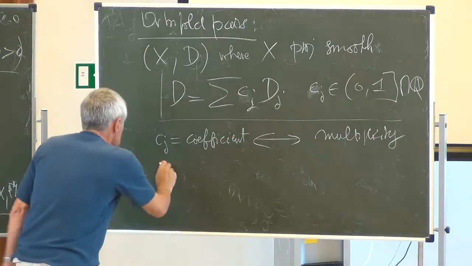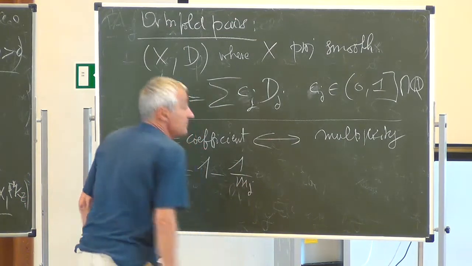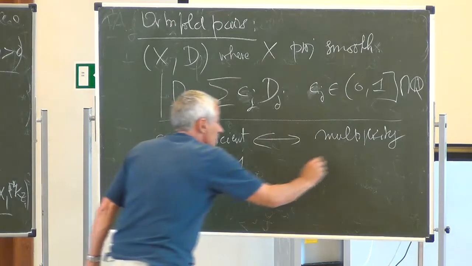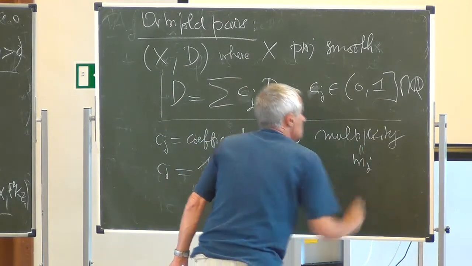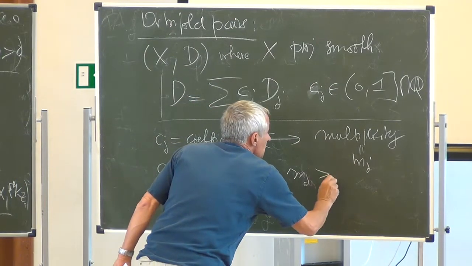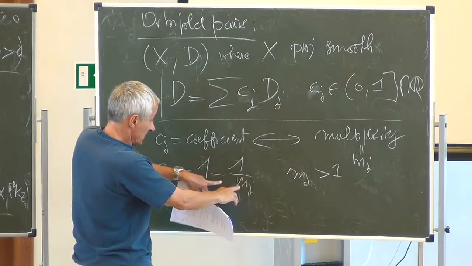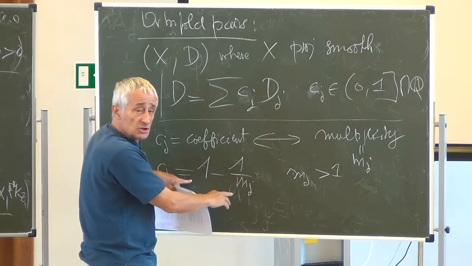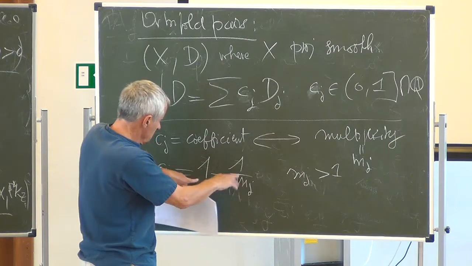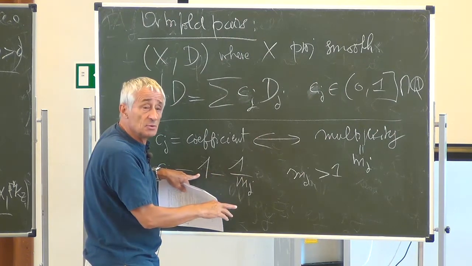And the multiplicity, this c_j, we can write in a unique way in the form 1 minus 1 over m_j, where the m_j are certain rational numbers. Now m_j is certainly greater than or equal to 1. If m_j is equal to 1, you get coefficient 0. If m_j is strictly larger than 1, you have something less than 1 and still positive.